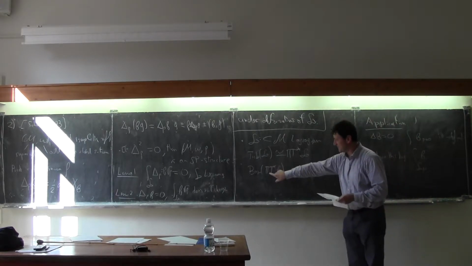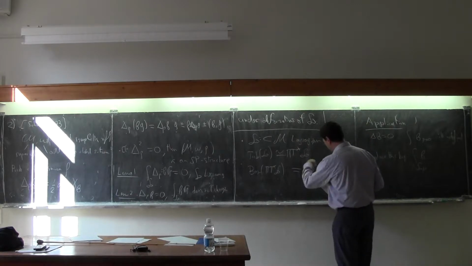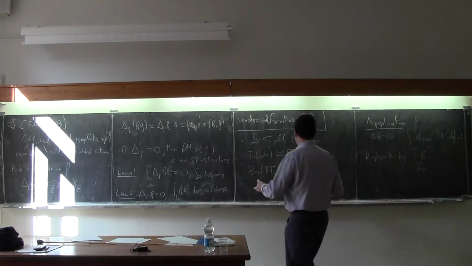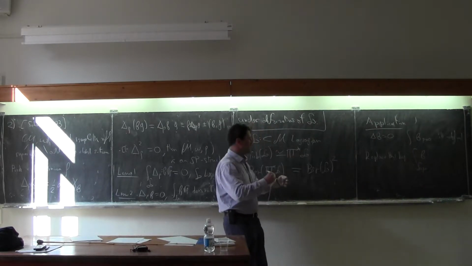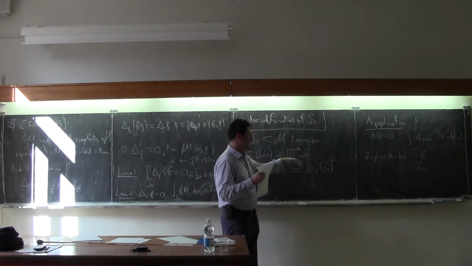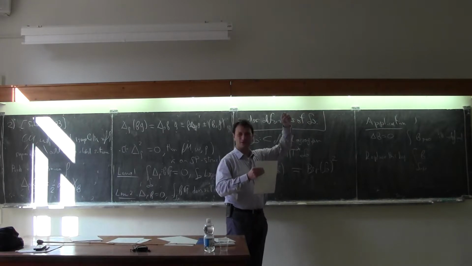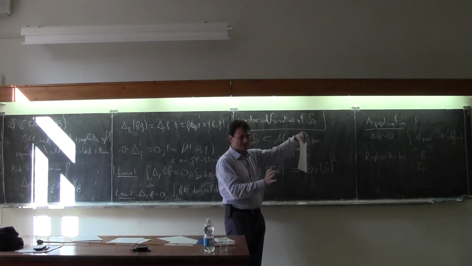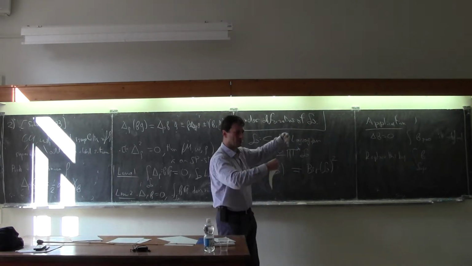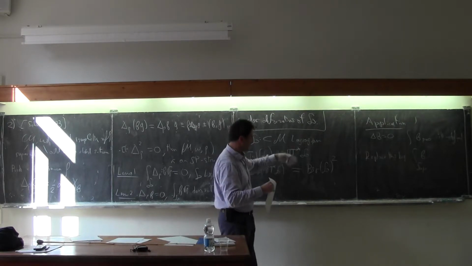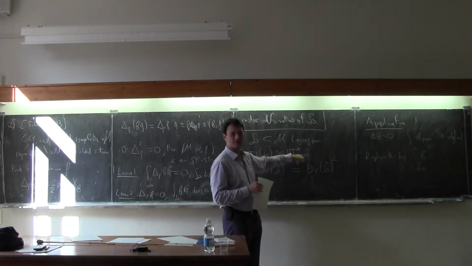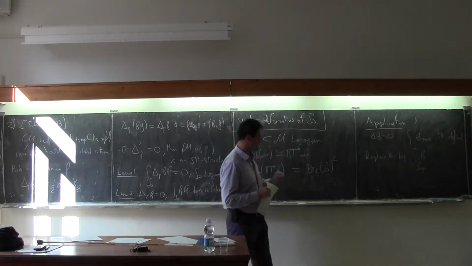So the Berezinian bundle of pi star M restricted to L is the same as the square of the Berezinian bundle of L. Roughly speaking, if you make a change of variable from one coordinate patch of L to another, on the fiber you change by the transpose of the inverse of the differential, plus you have some off-diagonal block which doesn't enter the computation of the Berezinian. So the Berezinian of the differential of this transformation is the square of the Berezinian for the change of variables on the base.